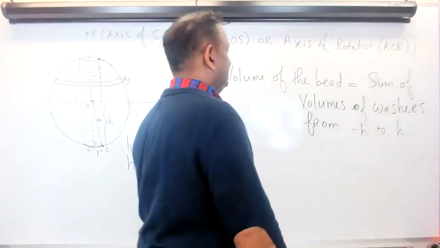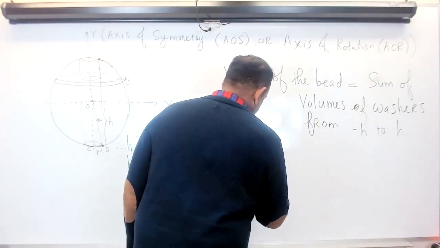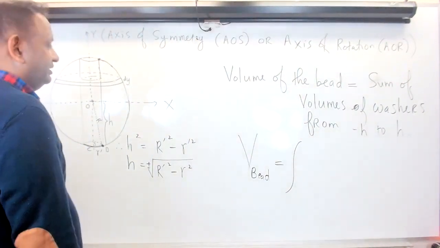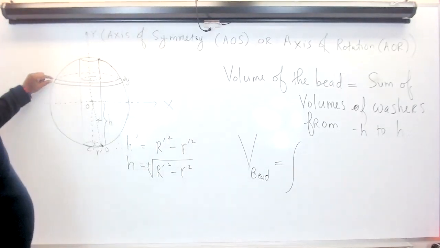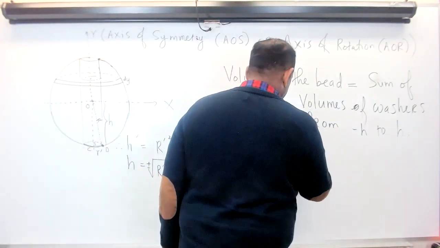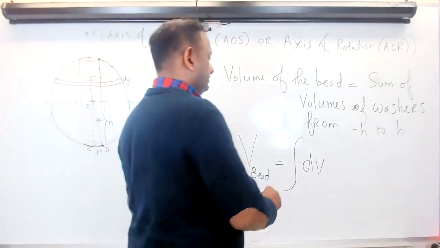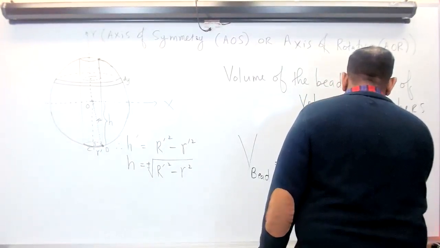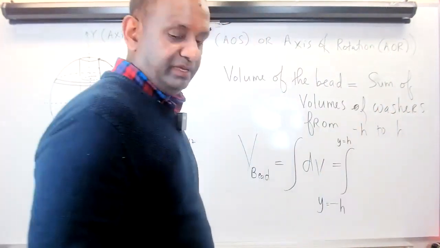See, that means V of the bead is nothing but an integration, because they were stacked so closely to each other, we're not going to use a summation. We don't need summation here, because they were not discretized, they were continuous. So I'm going to integrate my dV, from y equals minus H to plus H of dV.